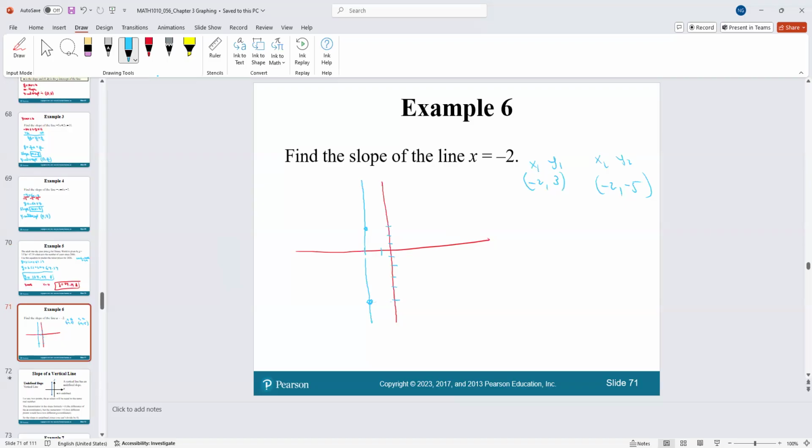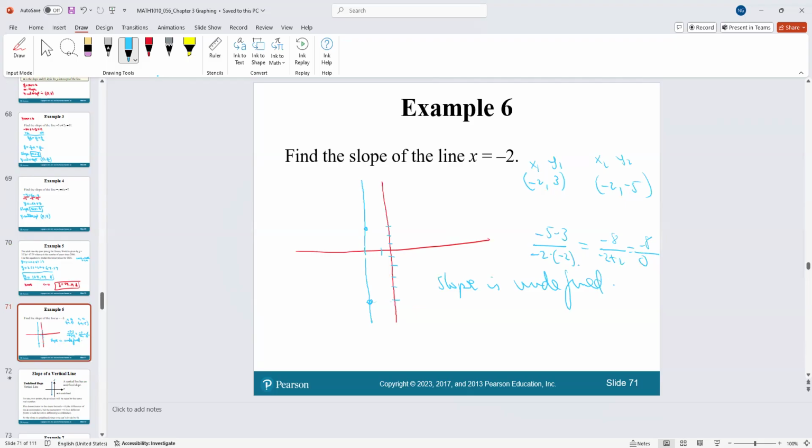Because if you do -5 minus 3 over -2 minus -2, that would be -8 over -2 plus 2, which is -8 over 0. Remember, you cannot divide by 0. So the slope is undefined.